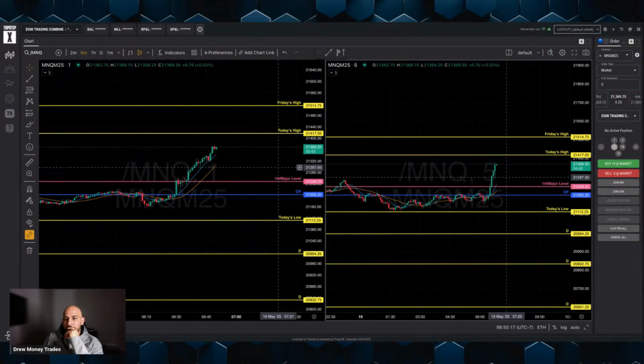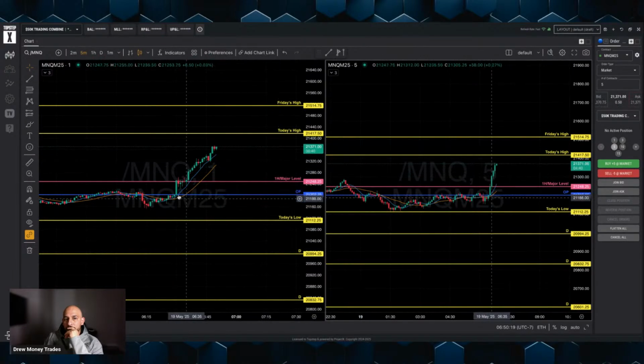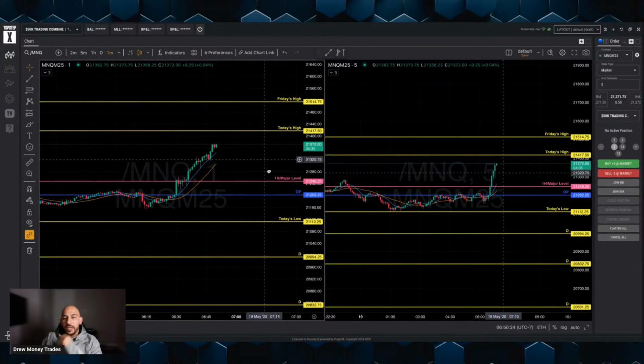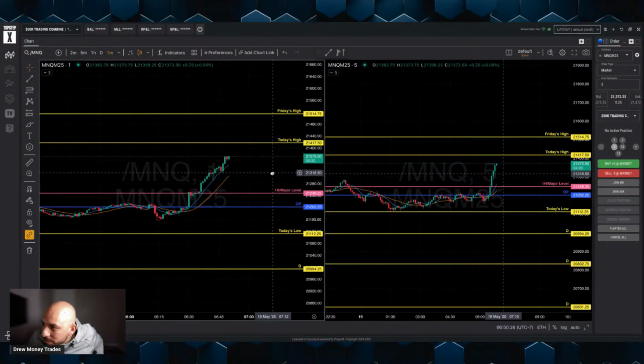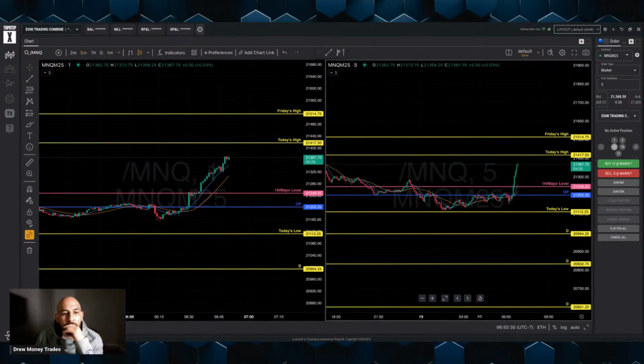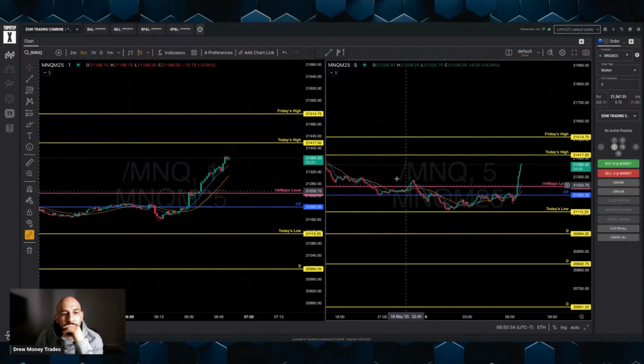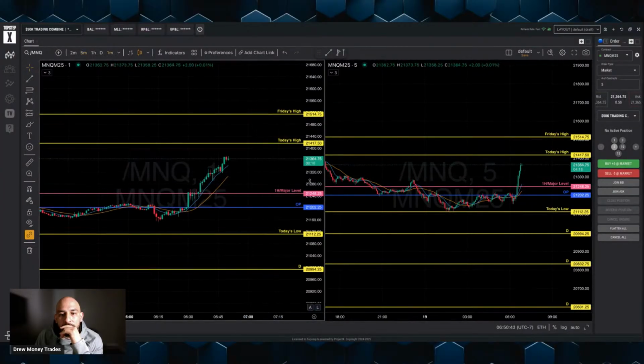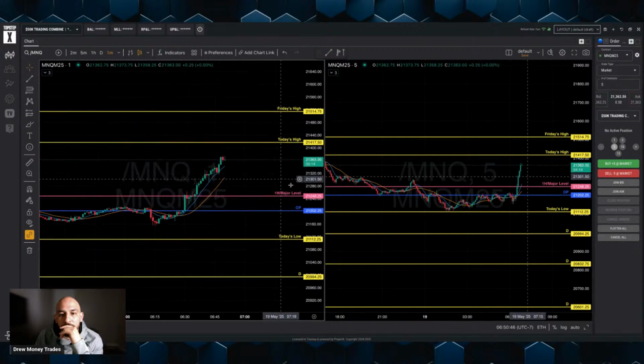The 1 minute is just holding the 9, holding the 9. So this little pullback that I talked about was a nice area to go long, like 310. It's a nice area to go long so far, but we'll see what happens.